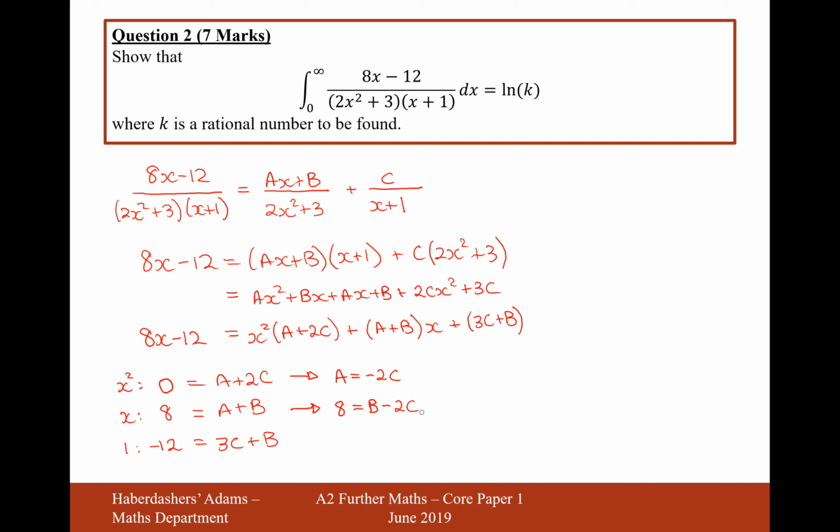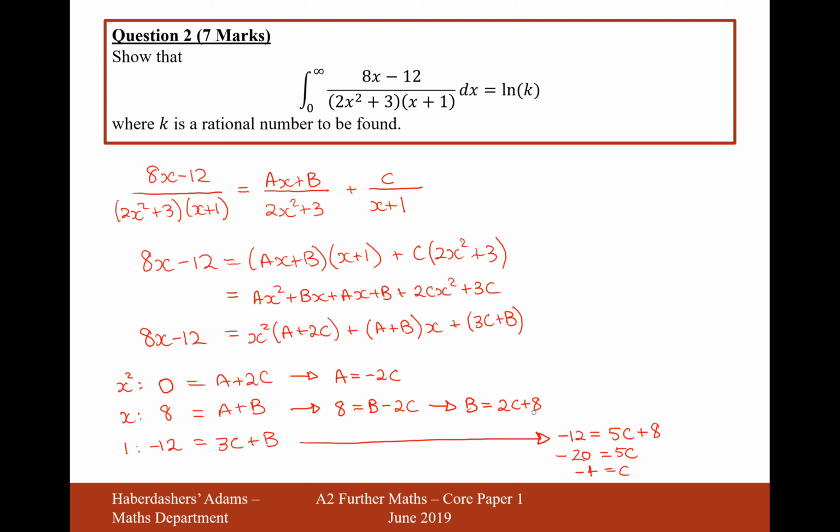Now that I've got that, I can rearrange this into b equals 2c plus 8, and then bring forward this one, and that's going to be minus 12 equals 3c plus 2c plus 8, so it's 5c plus 8. When I subtract the 8 onto the other side, I get minus 20 equals 5c. So therefore c equals minus 4.